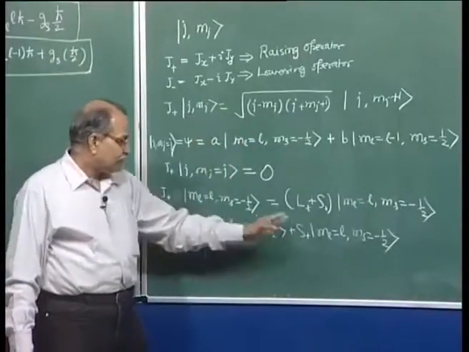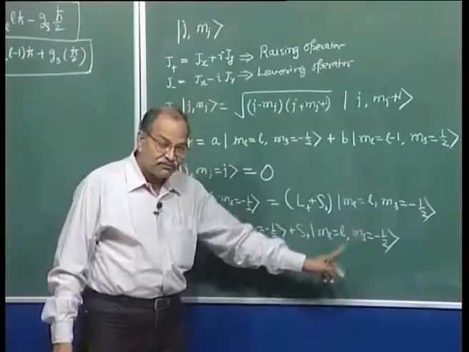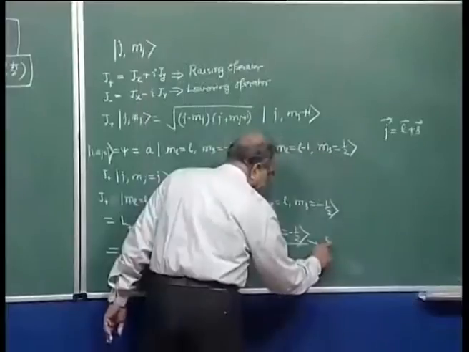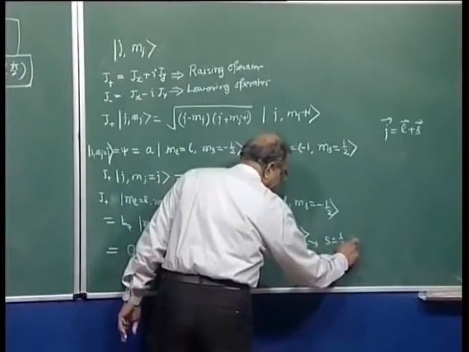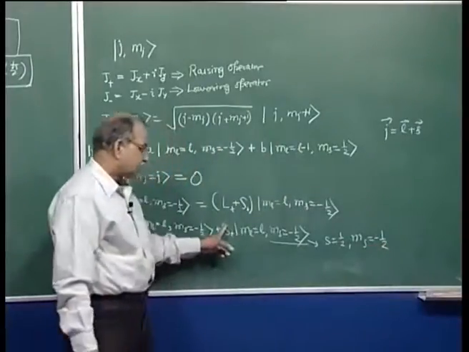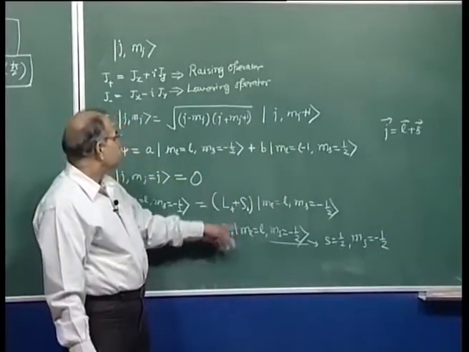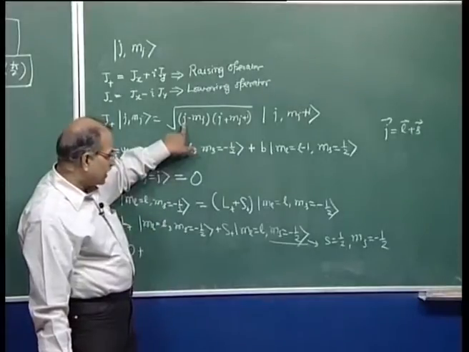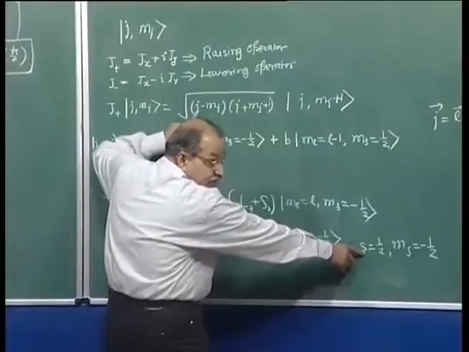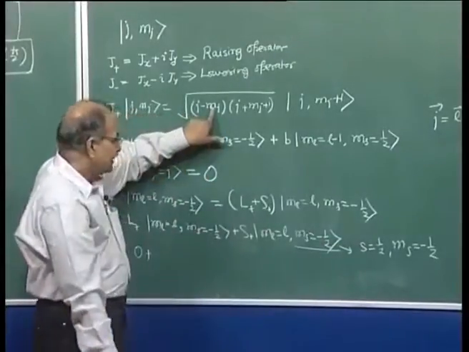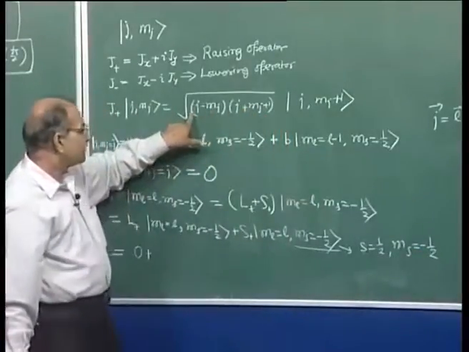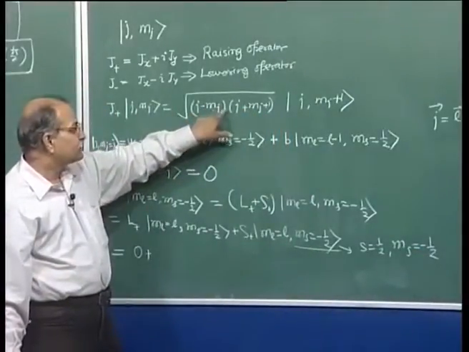So you have S equal to half. Look at the spin part now: S equal to half and MS equal to minus half, and you are trying to operate S plus. If you look at here, this j is this S, so this is half, and mj is MS, that is minus half. So half minus minus half, so this is 1.